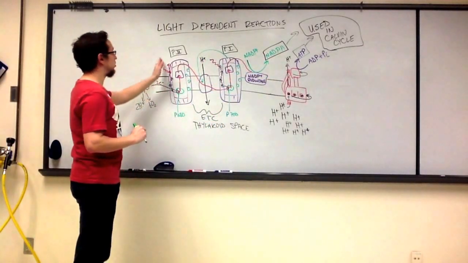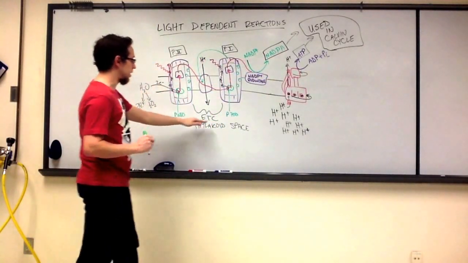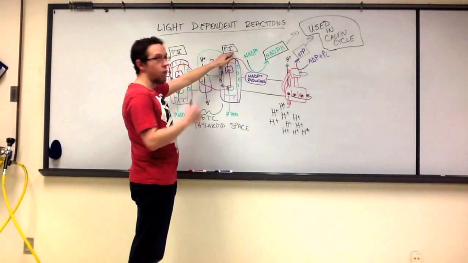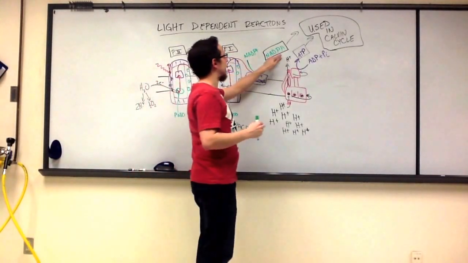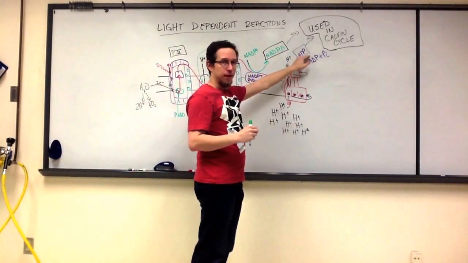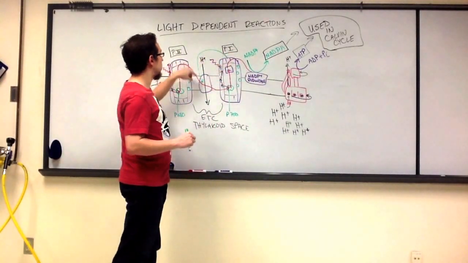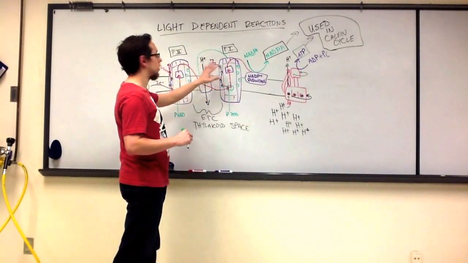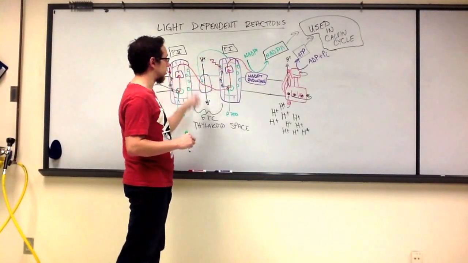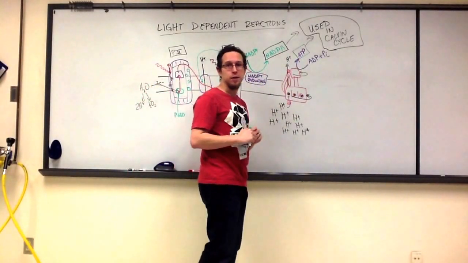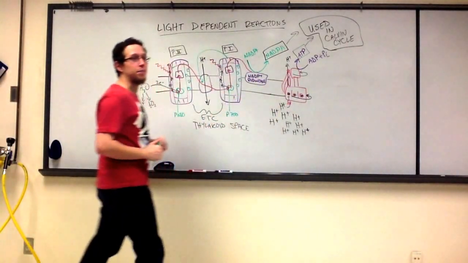So, linear uses photosystem 2, the ETC, and photosystem 1, and produces NADPH and ATP. Cyclic just uses photosystem 1 and the electron transport chain, or at least a part of it, and only generates additional ATP. So these are the light-dependent reactions.